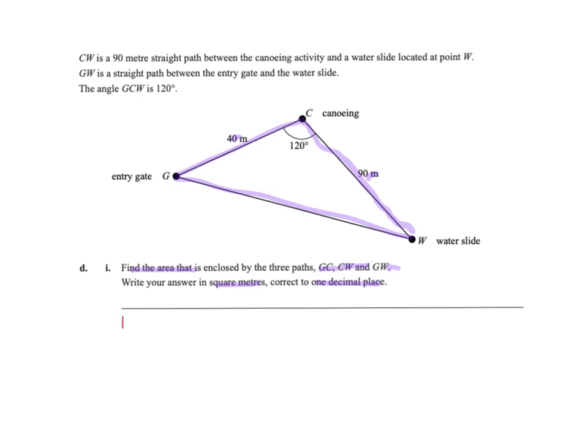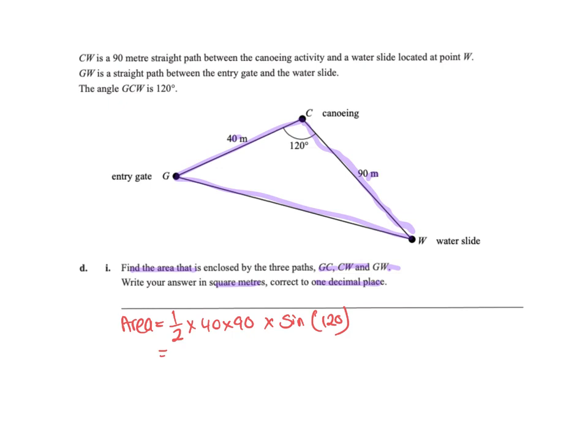So where area equals a half times the 2 sides times sine of the angle in between those things. So if I pop that into the calculator, I'm going to get my answer.